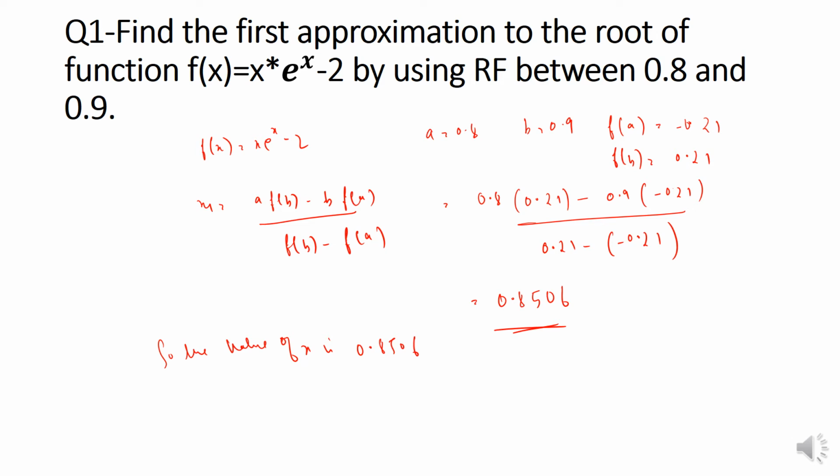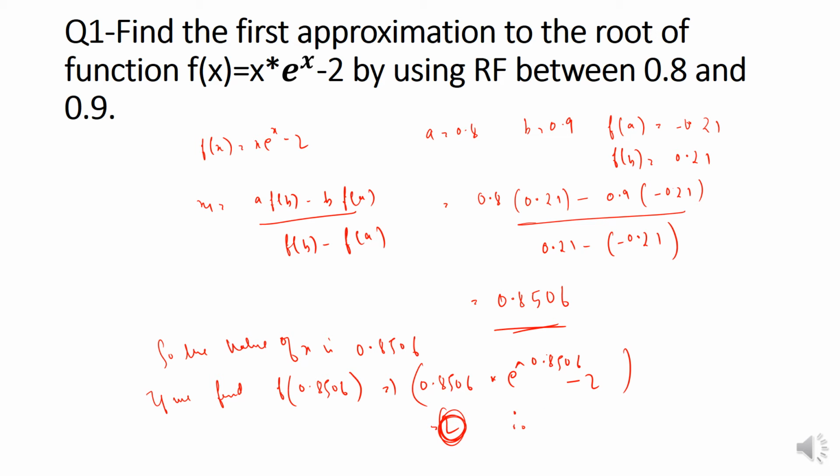Now if we find f of 0.8506, that is 0.8506 into e power 0.8506 minus 2, this value is equal to 0.